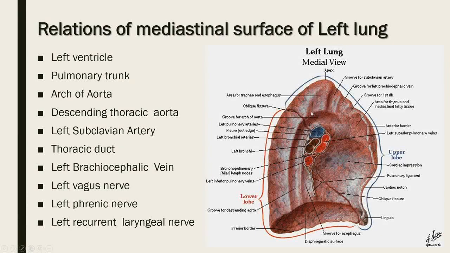Then the left subclavian artery, this is the groove for the left subclavian artery. Left brachiocephalic vein over here. Then again, in front of the hilum there will be the left phrenic nerve, and behind the hilum there will be the left vagus nerve.